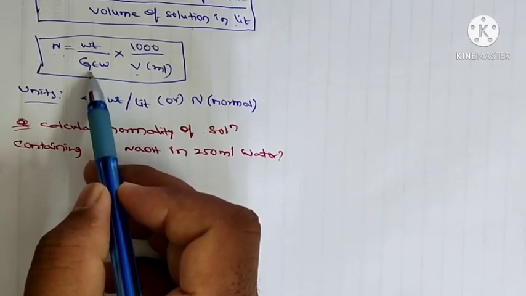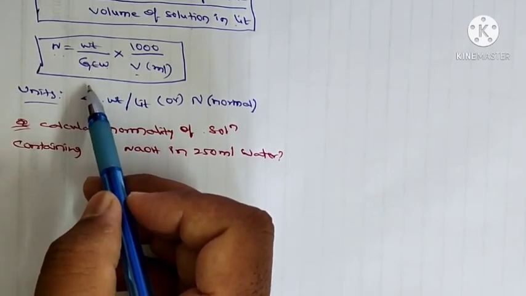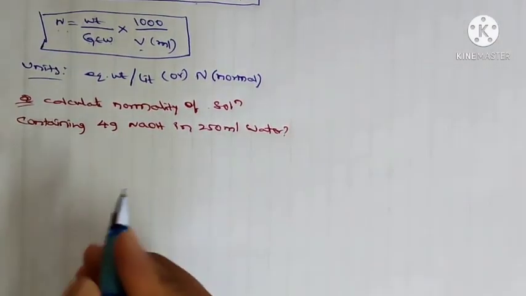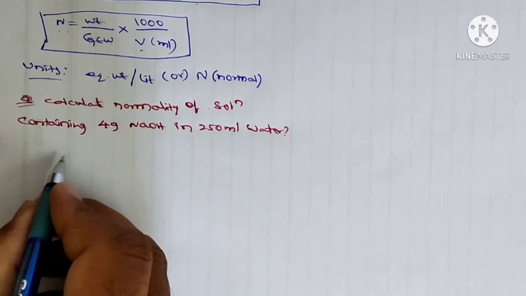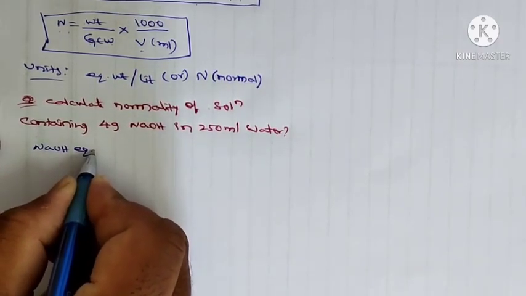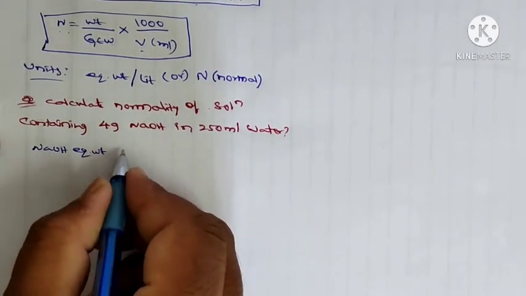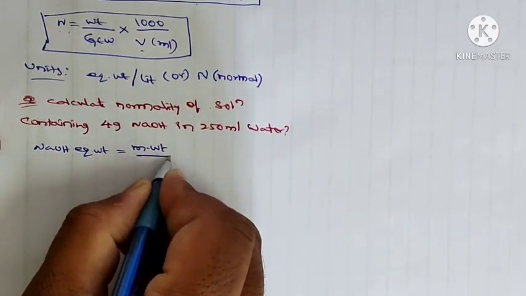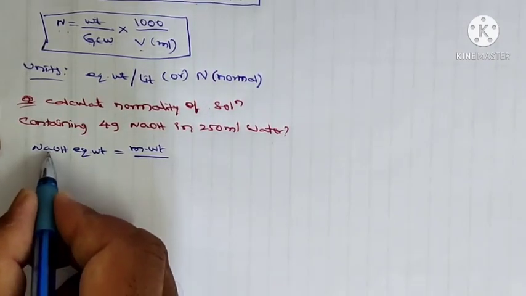Already we discussed equivalent weight in the previous class. NaOH equivalent weight is equal to molecular weight divided by acidity, since it is a base.